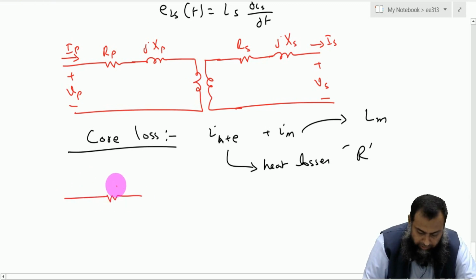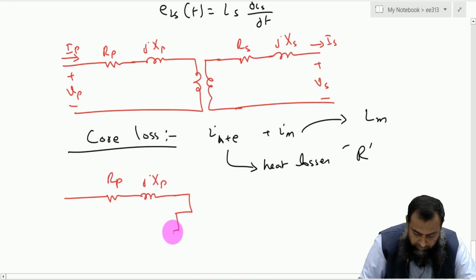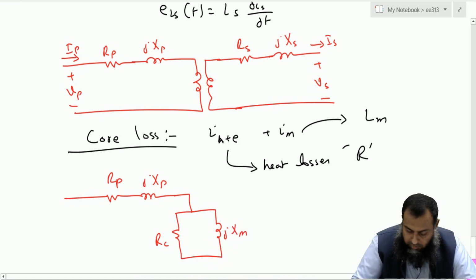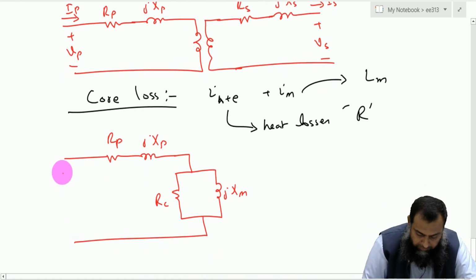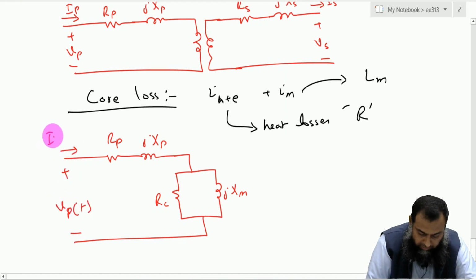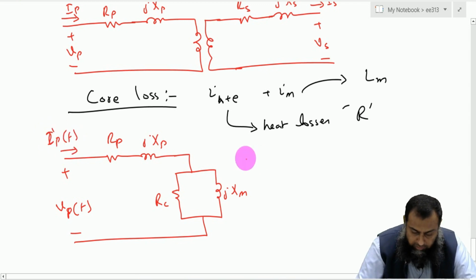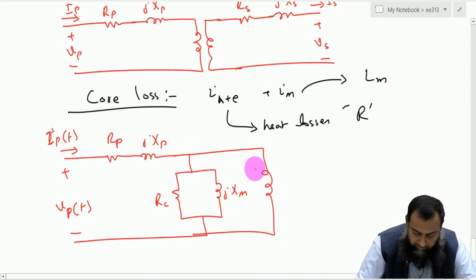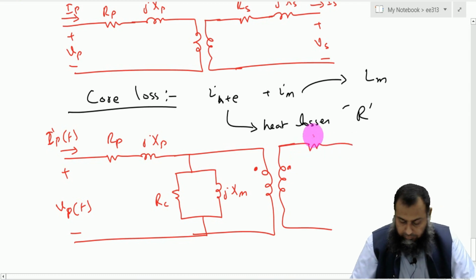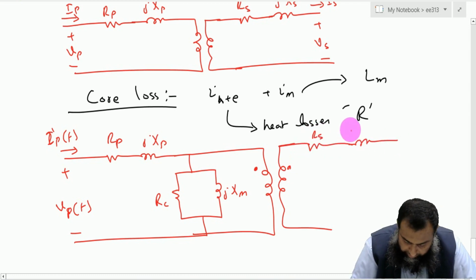This is RP, we have JXP, and then we have RC, which is the core losses, and this is JXM, which is the magnetization branch, and we have VP, and here we have the IP, and on the other side we have the number of windings, and here we have RS as well as JXS.